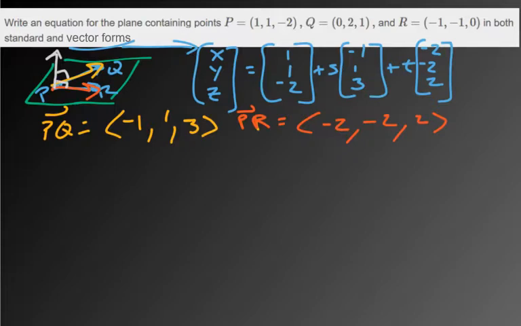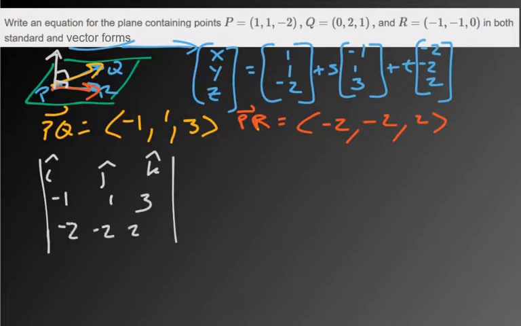That's going to give me my normal vector, which, if you know the right structure of it, you can use to get the standard form. So we're going to do cross product ijk, take a determinant. We're going to pop in my PQ vector, and then my PR vector. If you do that out, you get 8, negative 8, 4.